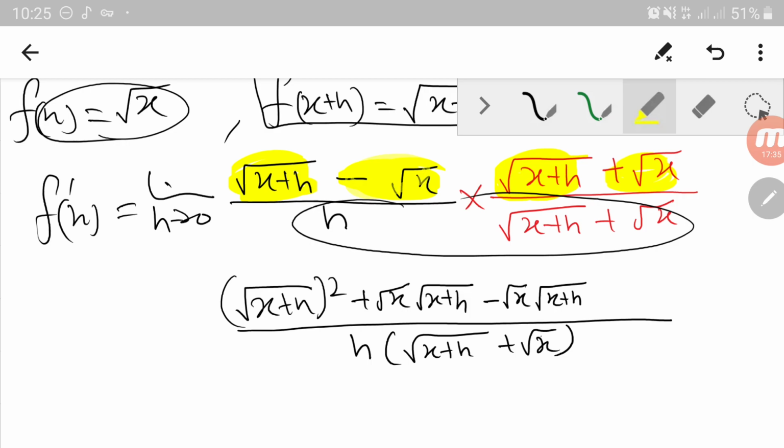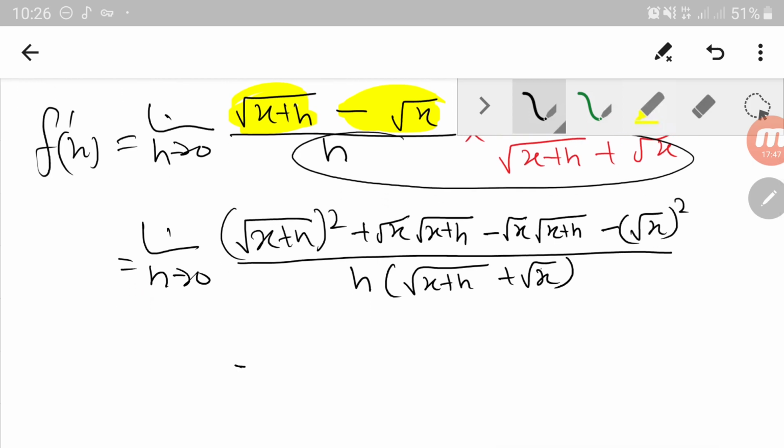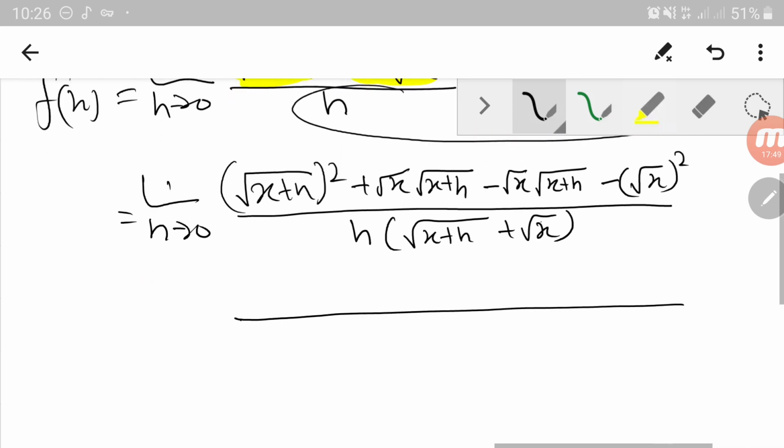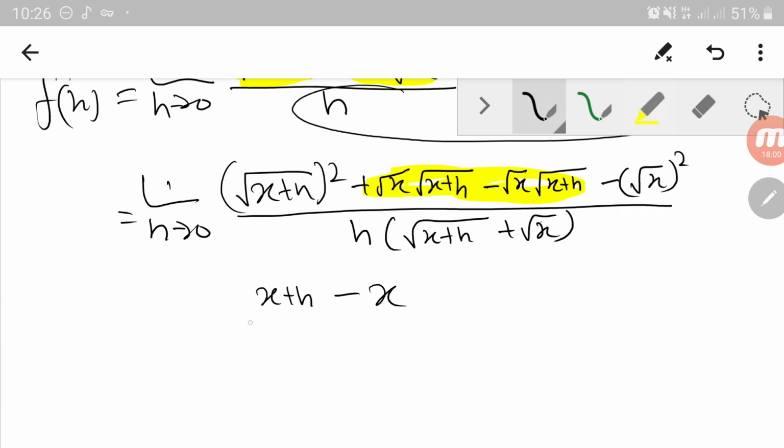And last but not least, the second term with the second term in the second bracket, minus square root of x squared. And then we take the limit as h approaching 0. The first bracket is x plus h itself. This part will become 0, so leave us with x.